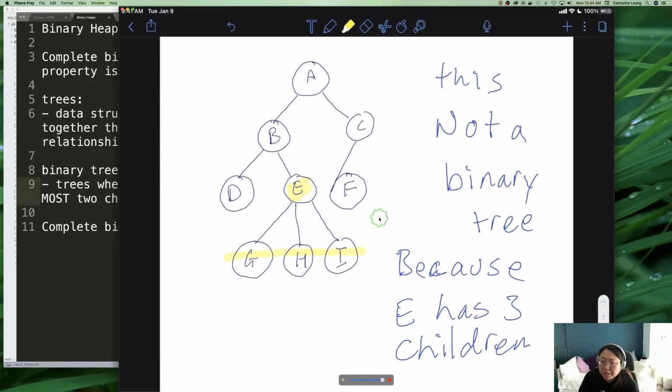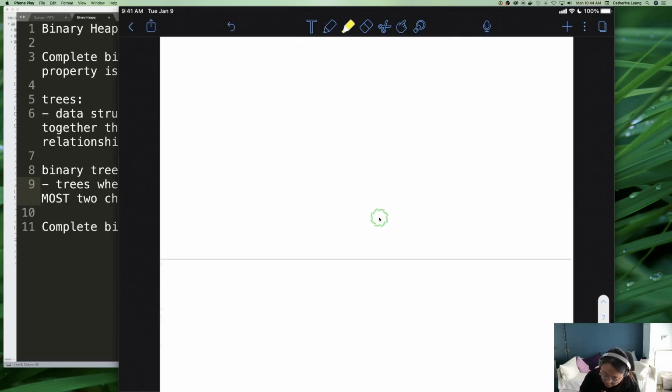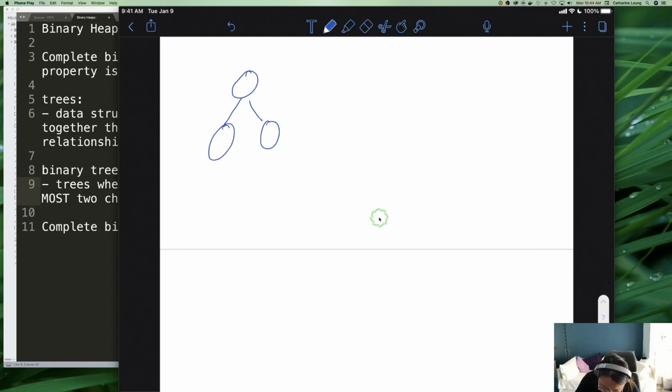So a binary tree is a tree where every node has at most 2 children. It is allowed to have no children. It is allowed to have 1 child. It is not allowed to have 3 children or more. So let me draw some pictures, and you can tell me which of these are binary trees or not.